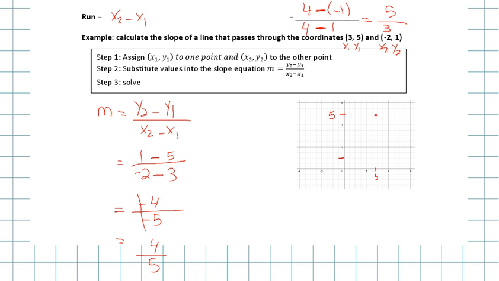Okay. So up 1, 2, 3, 4. Makes sense? And over 1, 2, 3, 4, 5. Is that the answer I got? Up 4 over 5? 4 over 5? Yes. Okay.